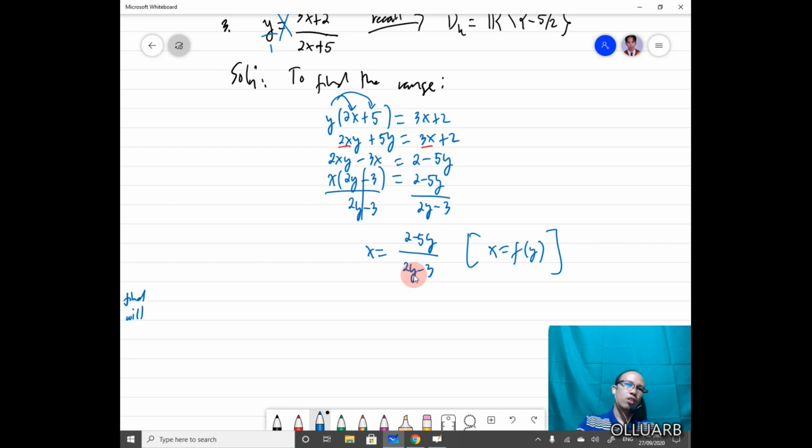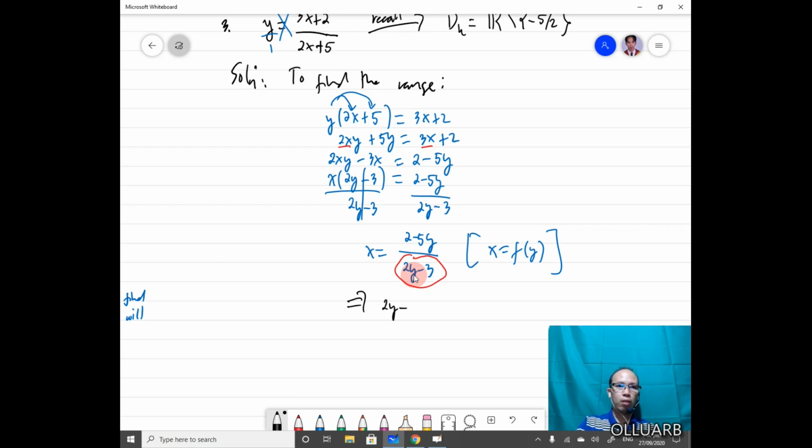This expression has a denominator, so we have to find the value of y for which the expression on the right hand side is well defined. What value of y will make this denominator 0? All you have to do is to equate it to 0.